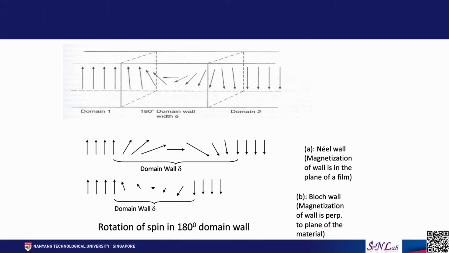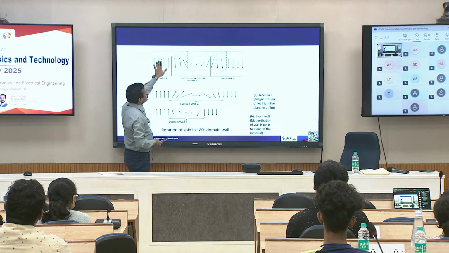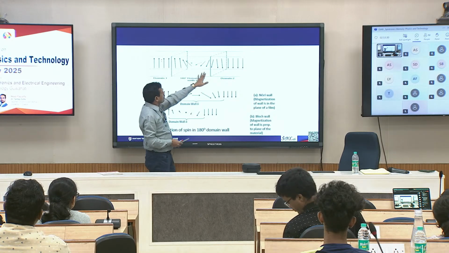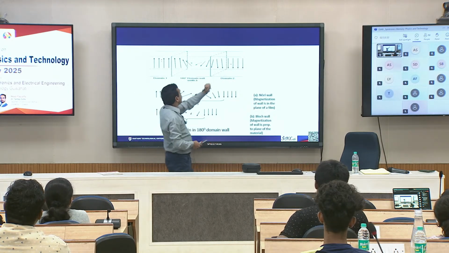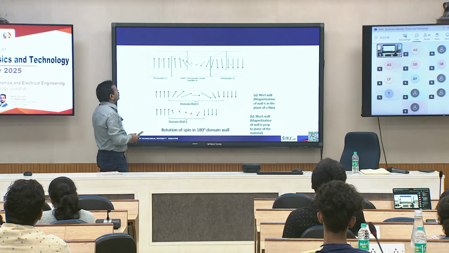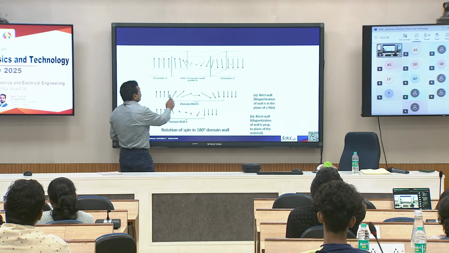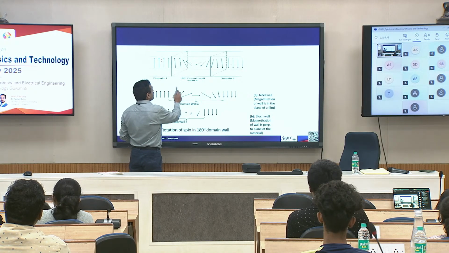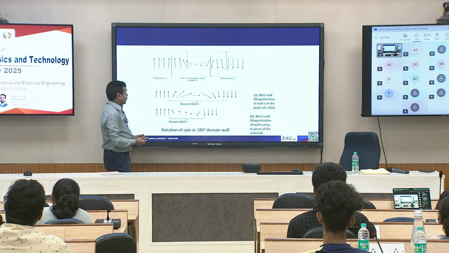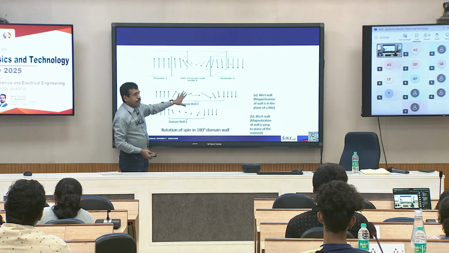Okay, so this picture shows what we discussed earlier. We have one domain where all the spins are up, and another domain where all the spins are down. In between we have a gradual change of magnetization from up to down direction, and this is called a domain wall.